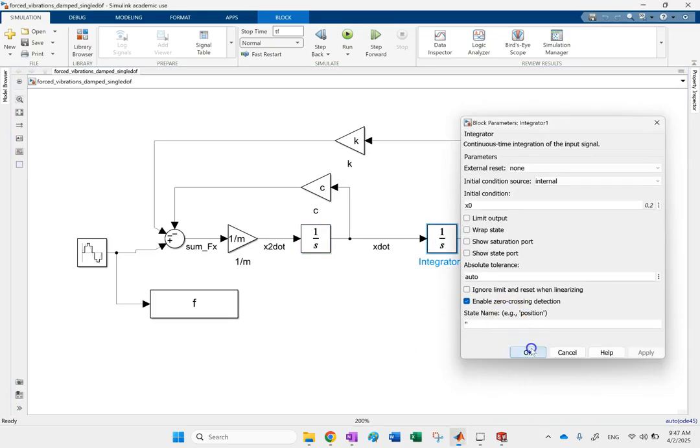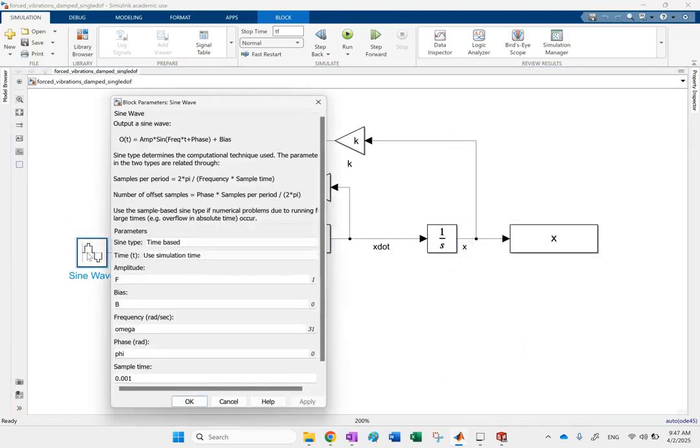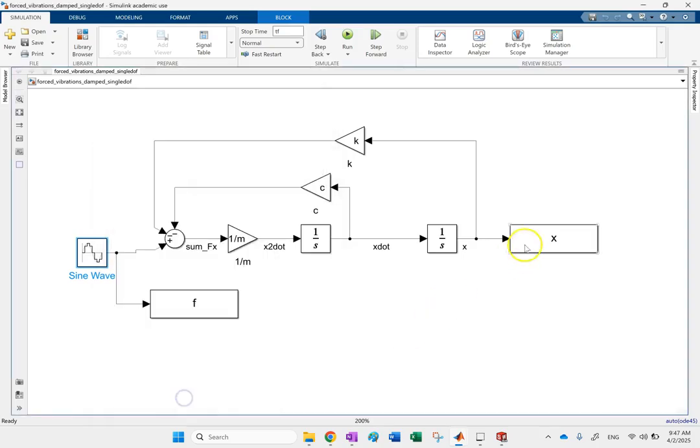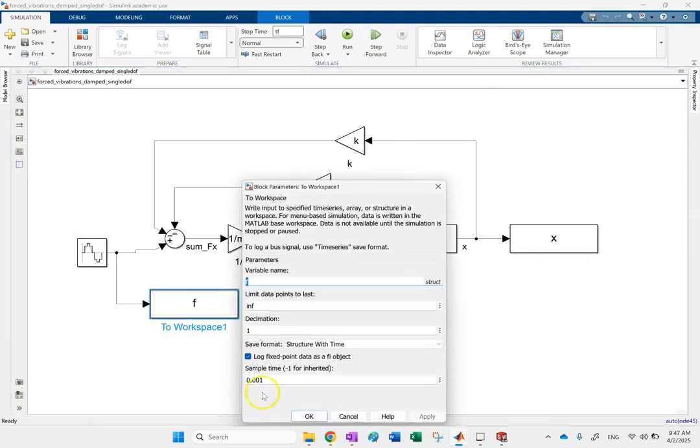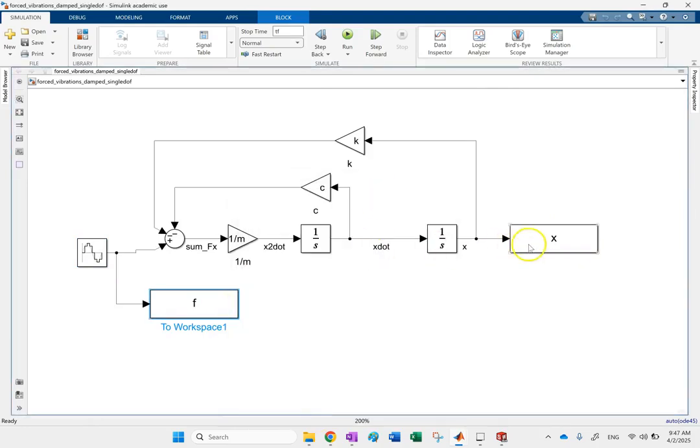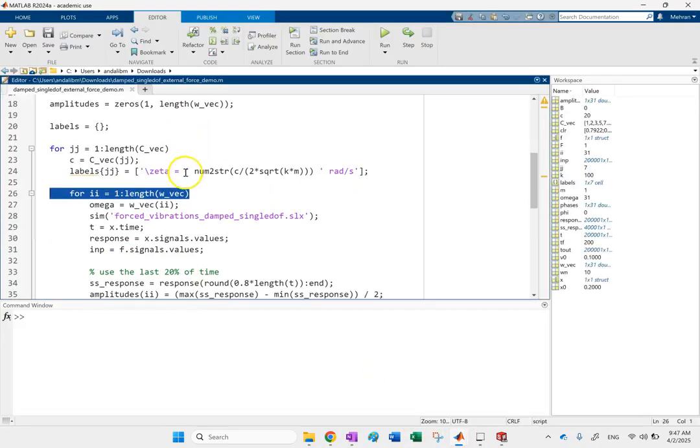And then this is your external force, F, B, omega, phi, and a sample time of 0.001 is used. So I made the transitions very smooth. It sends the data X and F to the workspace. And for each one of those omegas and each one of those zetas, I run my Simulink file. I get the T, I get the response, I get the input.